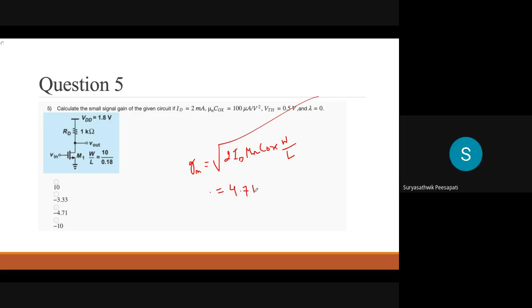Yes. And the gain AV equals minus GM RD, right? Yes, ma'am, minus GM RD. So the RD value is 1.